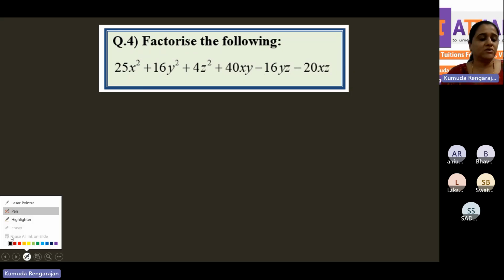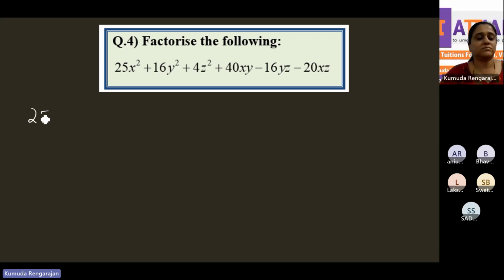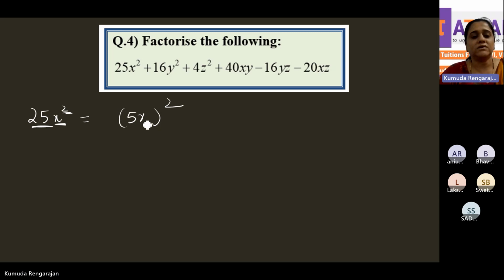So again, 25x squared. The square is only for x, it is not for 25. So you must write it as something the whole square. What is 25? 5 square is 25, and x into x is x square.